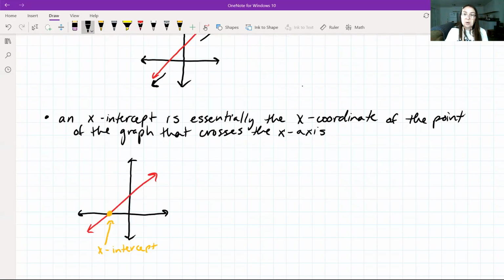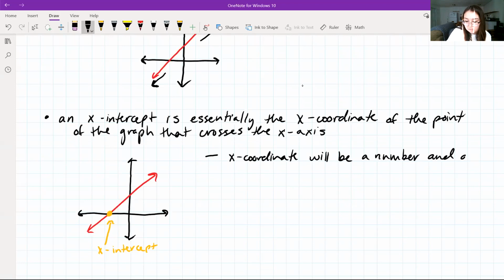And since this point is crossing the x-axis, at this point our x-coordinate is going to be some number, and our y-coordinate will be 0. So we get that our x-coordinate will be a number, and our y-coordinate will be 0.